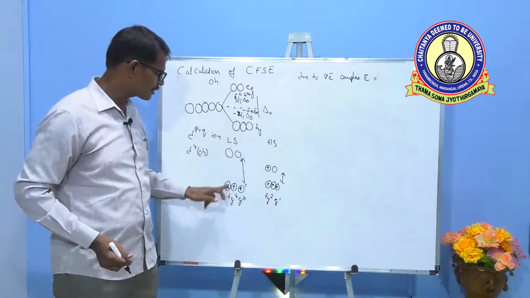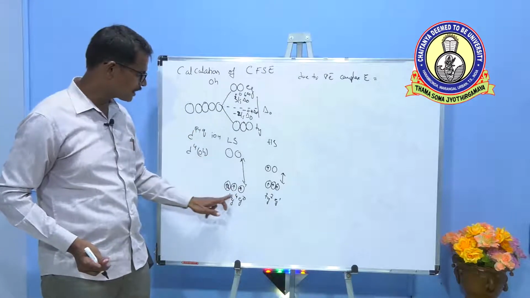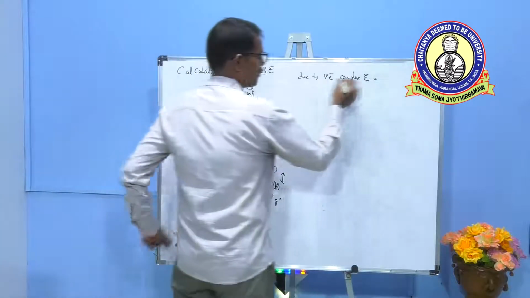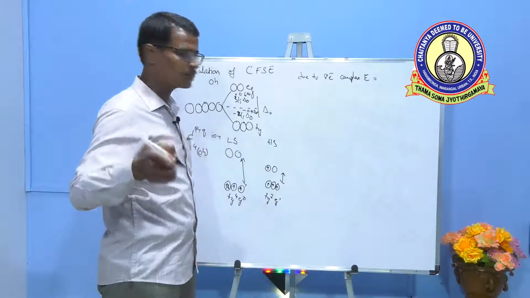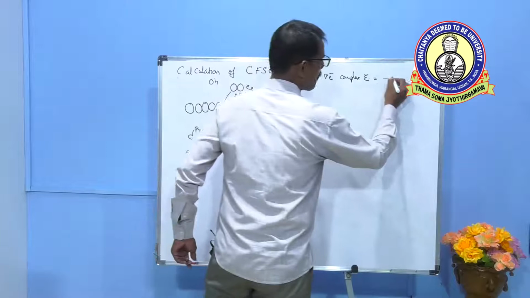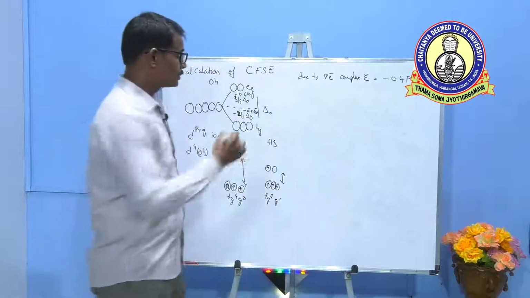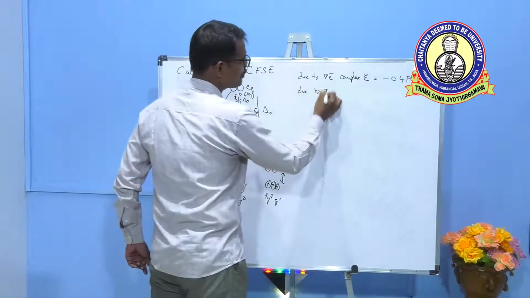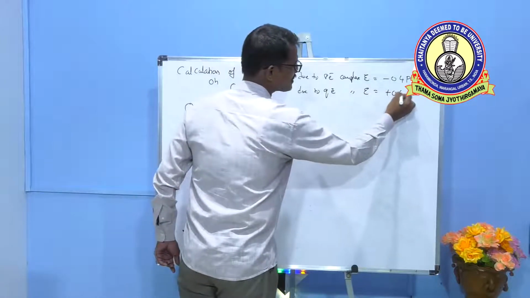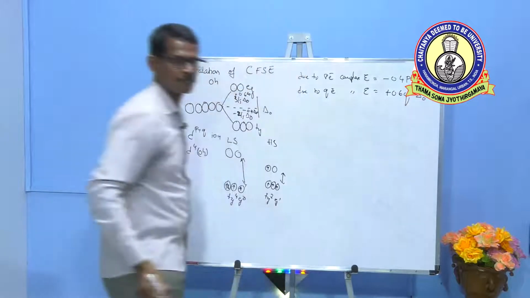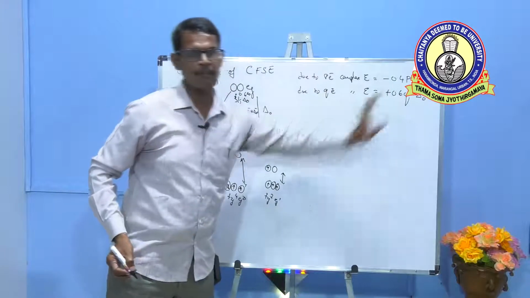So in T2g orbital, with p electrons, 1 electron gives minus 0.4, 2 electrons minus 0.4 into 2, 3 electrons minus 0.4 into 3, so p electrons give minus 0.4 into p delta O units. Due to q electrons, the complex energy is plus 0.6 q delta O. So p electrons decrease the complex energy, q electrons increase the complex energy.